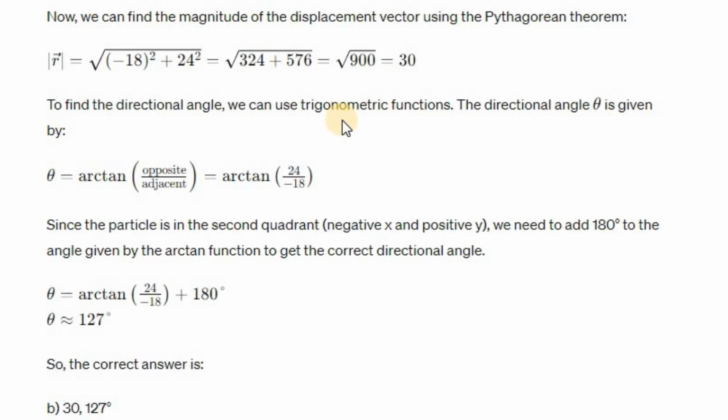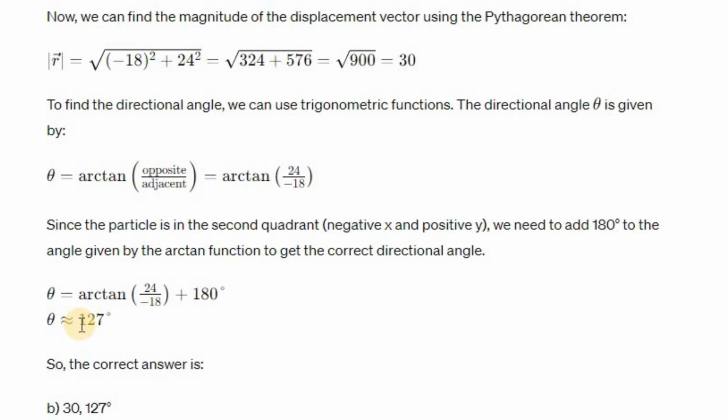The direction angle theta is given by arctan of opposite over adjacent, equals arctan of 24 over minus 18. Since the particle is in the second quadrant, negative x and positive y, we need to add 180 to the angle given by the arctan to get the correct directional angle. Theta equals arctan of 24 over minus 18 plus 180 degrees.